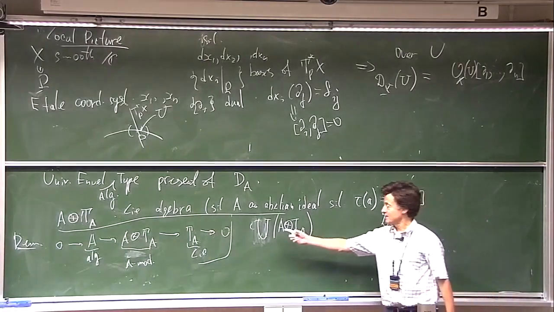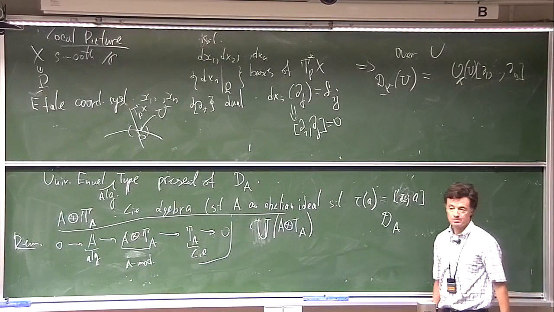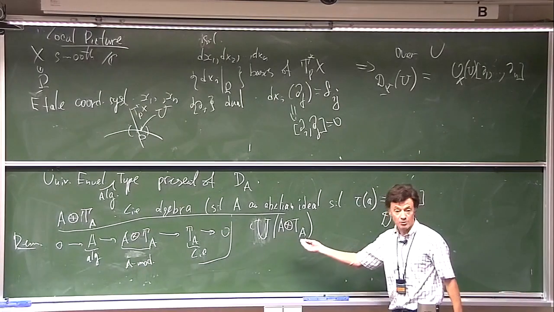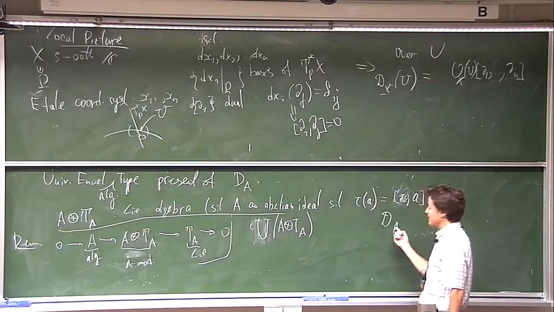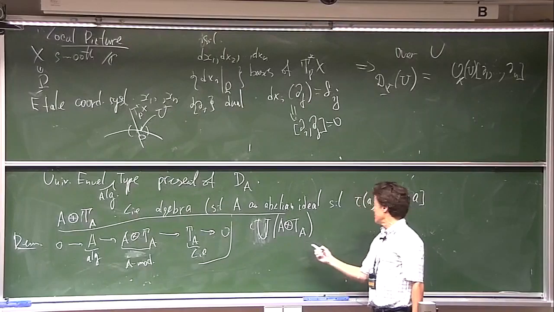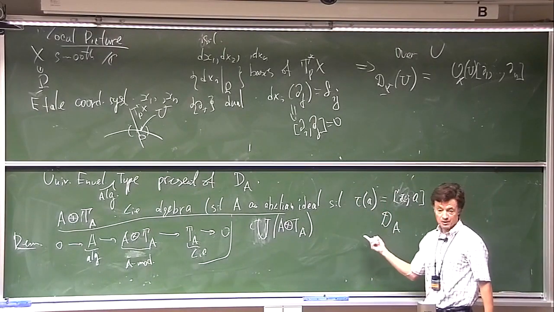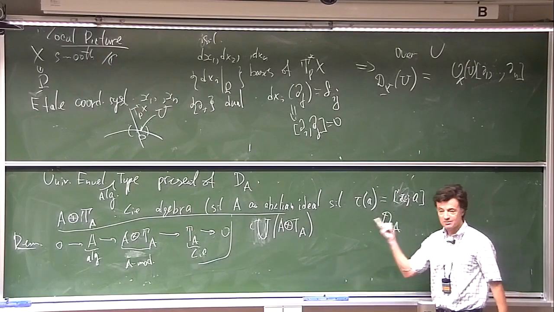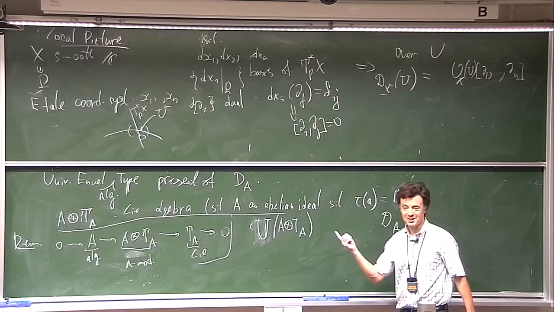Is there a chance that this associative algebra is isomorphic to this one? They have something in common, because the Lie bracket, for example, of two vector fields is exactly as it was there. The Lie bracket of A and a vector field is exactly as it is here. So they do have something in common. Can they be isomorphic? Hint, no.